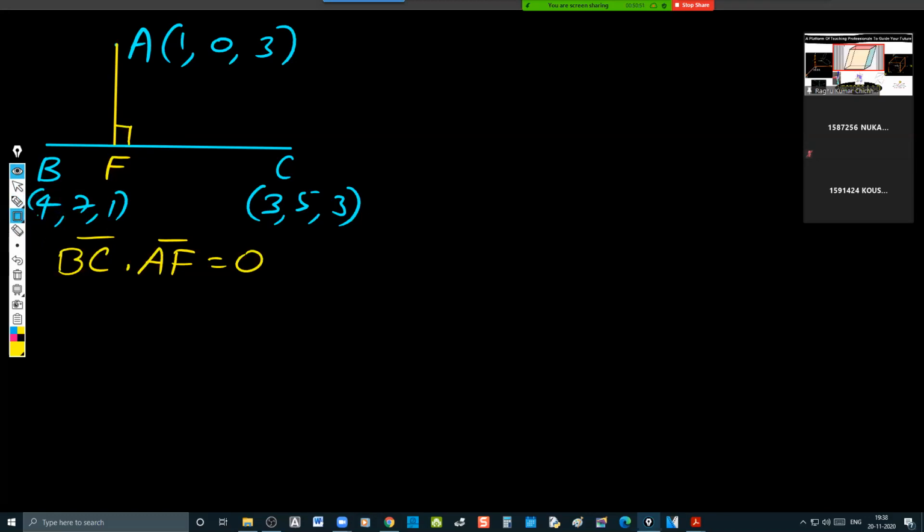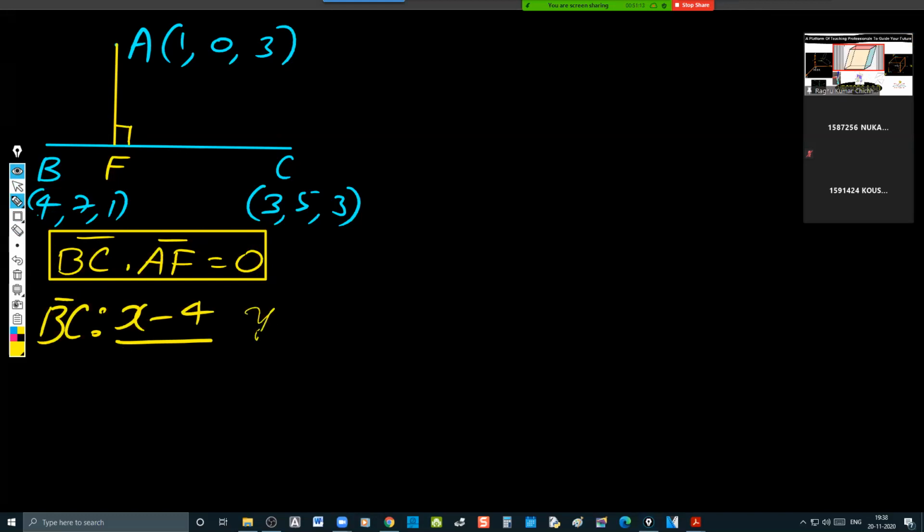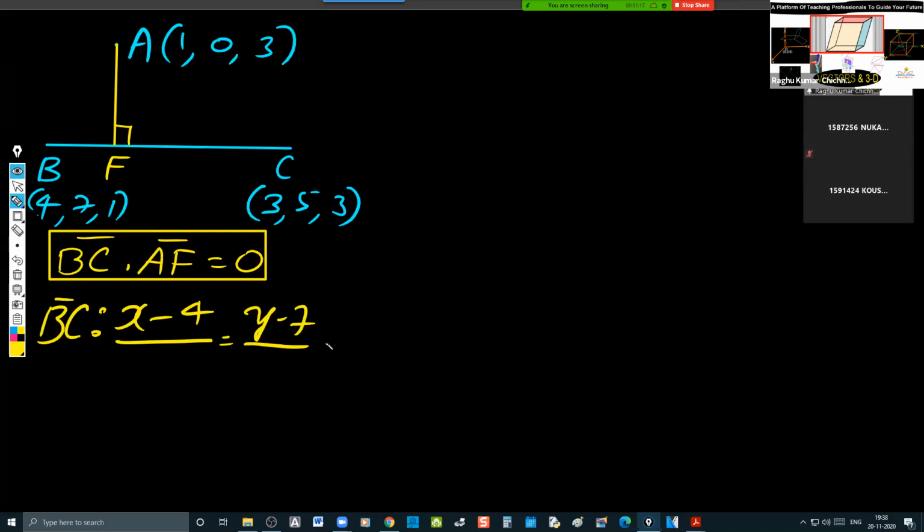I'm creating every point, any point on the line BC. So for that, I'm writing the symmetric form of the line BC: X minus 4 equal to Y minus 7 equal to Z minus 1 divided by the DRs of the line, 3 minus 4, or you can write 4 minus 3 also, no problem, whatever is convenient.